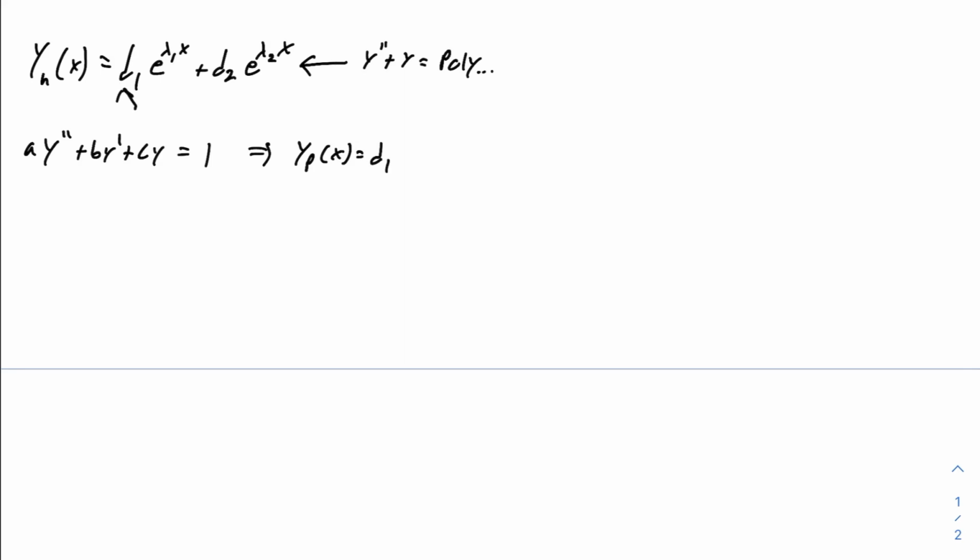Not to be confused with this d1. I'm just kind of running out of arbitrary names. And then we can plug it in. So we get c times d1 equals 1. And then the derivatives just vanish. They go to 0. So then we get d1 is equal to 1 over c. And we're happy because that was nice and easy.